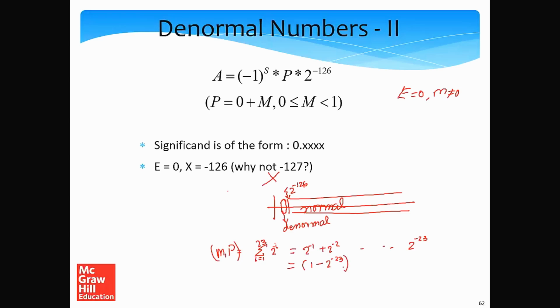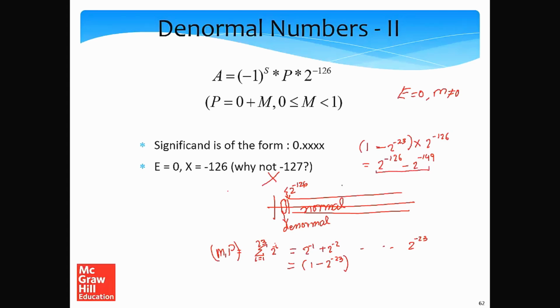So readers might want to memorize this. But the important point over here, if I want to find the largest denormal number, this is essentially equal to 1 minus 2 to the power minus 23 multiplied with 2 to the power minus 126, which is 2 to the power minus 126 minus 2 to the power minus 149. Right, so this is the largest denormal number.